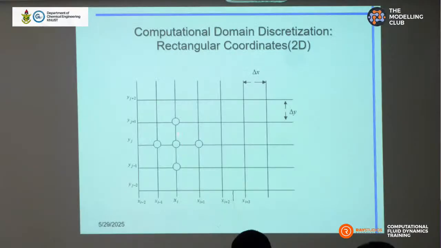What we are saying is that if we are looking for the velocity u i j at this point, we are using the Taylor series expansion to represent the velocity at this point, as we've shown. And similarly, we can find the velocity u i plus 1 for this point and the velocity u i minus 1 at that point using the Taylor series expansion.